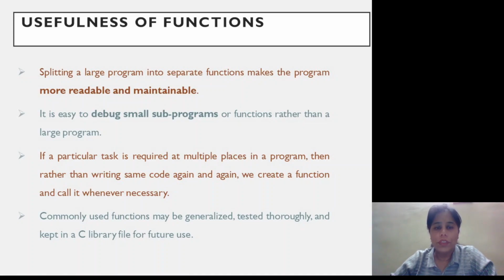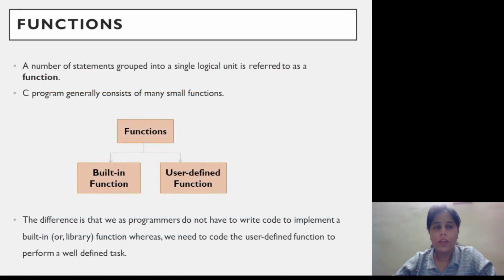Commonly used functions may be generalized, tested thoroughly, and kept in a C library file for future use. Functions can be divided into two types: built-in functions, also known as library functions, and user-defined functions. User-defined functions are those functions written by the user.